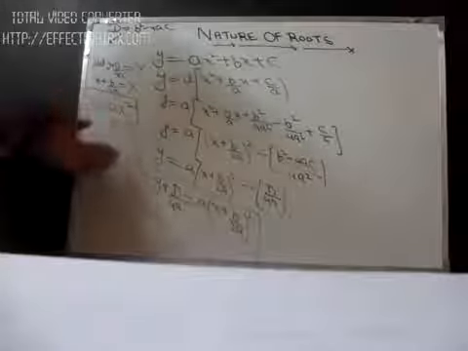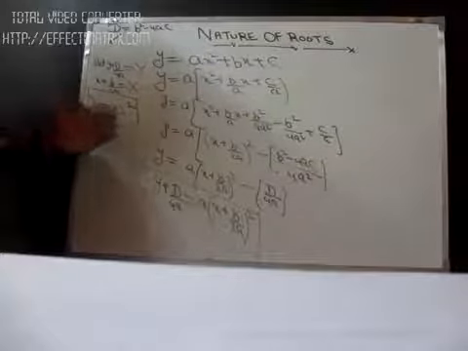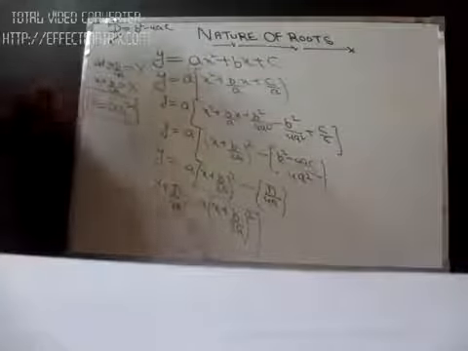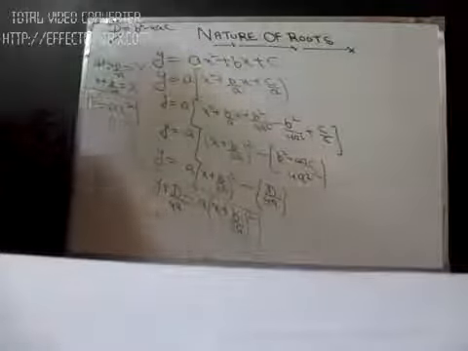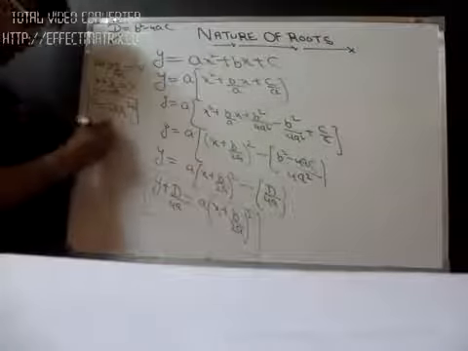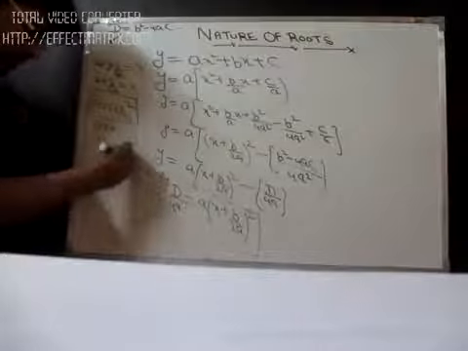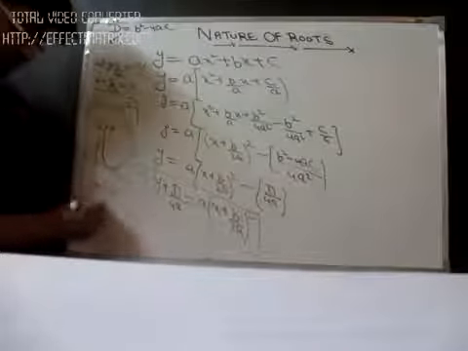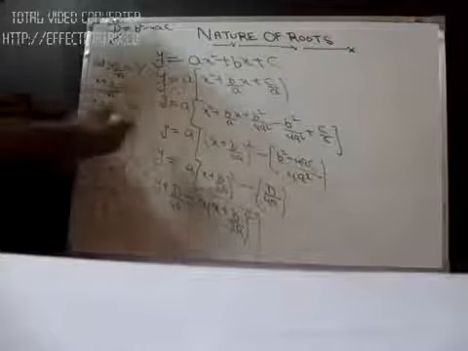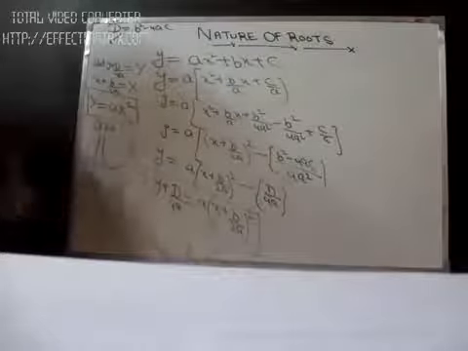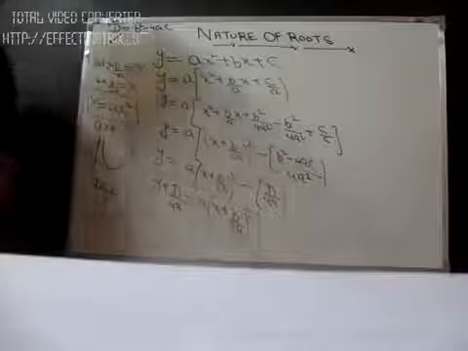Whether the parabola opens upwards or downwards will depend upon the value of a. When a is positive, the graph will open upwards, and when a is negative, the graph will open downwards. Like when a is greater than 0, the graph will be like this, and when a is less than 0, the graph will be like this.